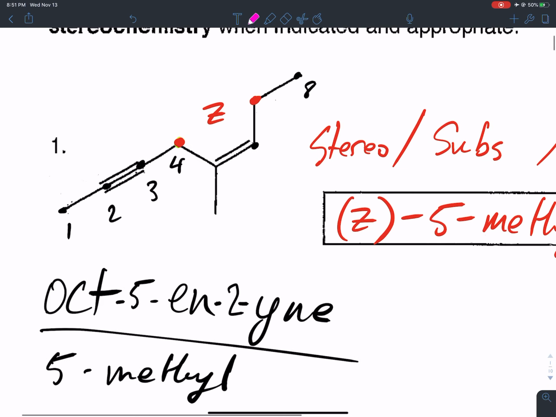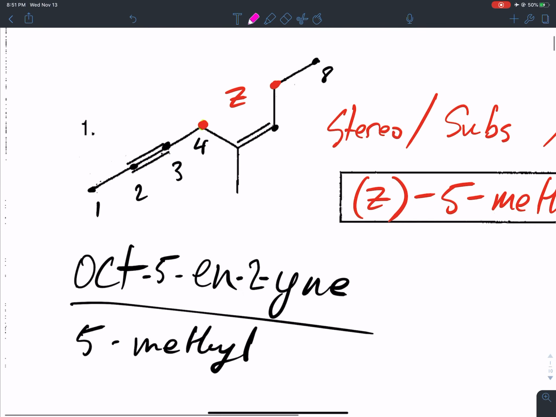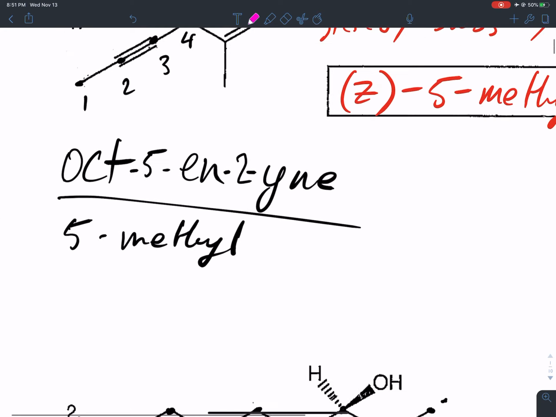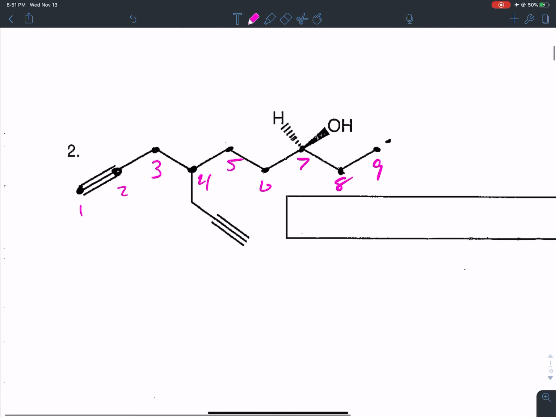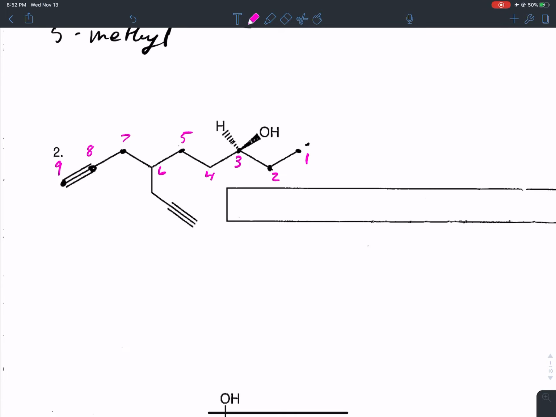So we have to decide from the first point of difference in numbers. We want to give the lowest numbers possible. In this case, there's no tie. The alcohol wins. So we want to give that alcohol the lowest possible number. So we're going to go 1, 2, 3, 4, 5, 6, 7, 8, 9. Perfect.